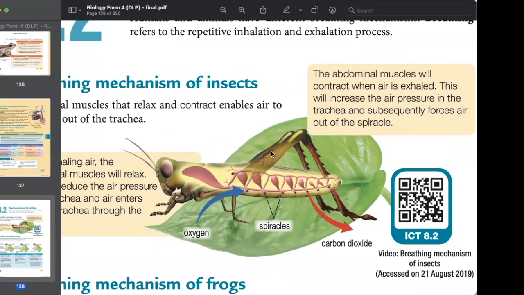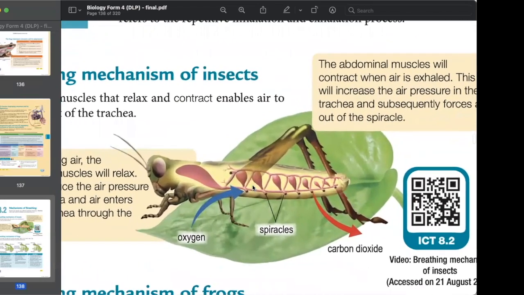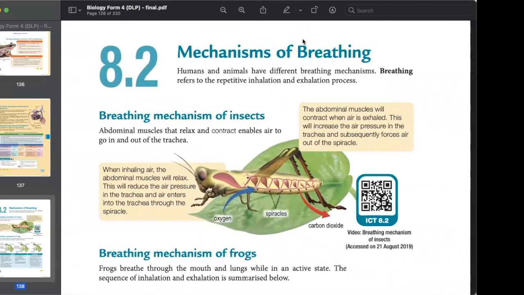Sekali lagi, when abdominal muscle contracts, this will create a higher air pressure inside the tracheal system, higher compared to the air pressure outside. So this higher air pressure will push carbon dioxide, force the air out of spiracle. Air tu refer kepada carbon dioxide. Through the spiracle. Okay, boleh faham?